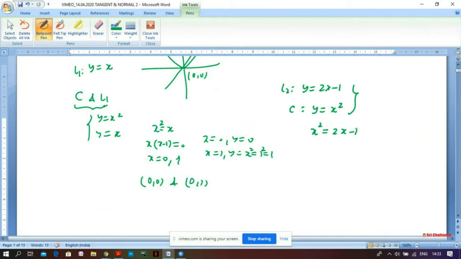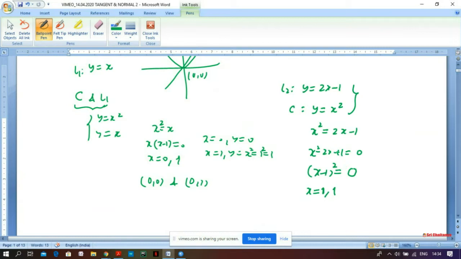The moment you solve this, you will get x squared minus 2x plus 1 is 0. And you notice you end up with a perfect square. That is not purely coincidental, but let's investigate it. So you are getting x is 1 and 1.